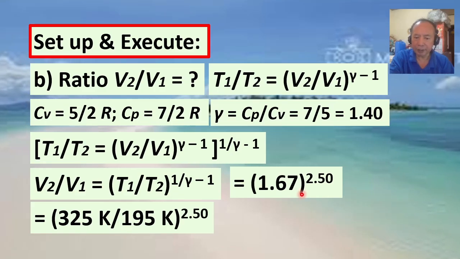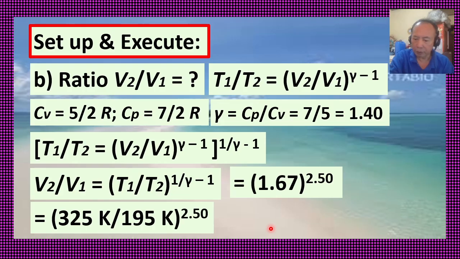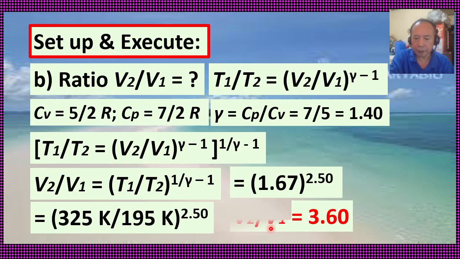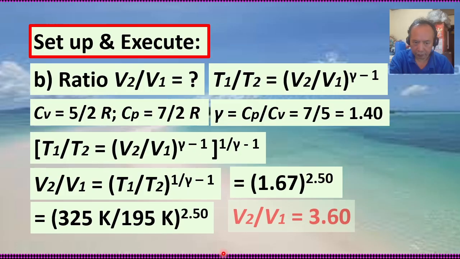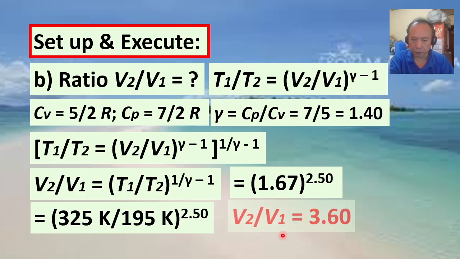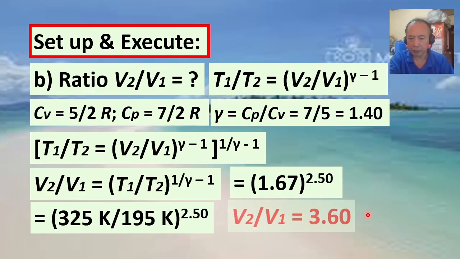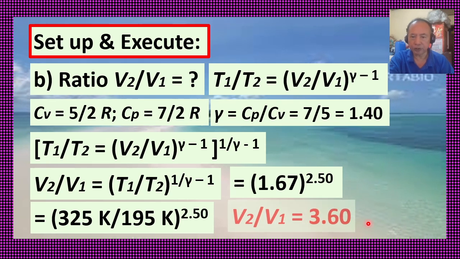And then raise it to the power 2.50, presto, we get the ratio V2 over V1, which is the question in part B. V2 over V1 equals 3.60, also in three significant figures.